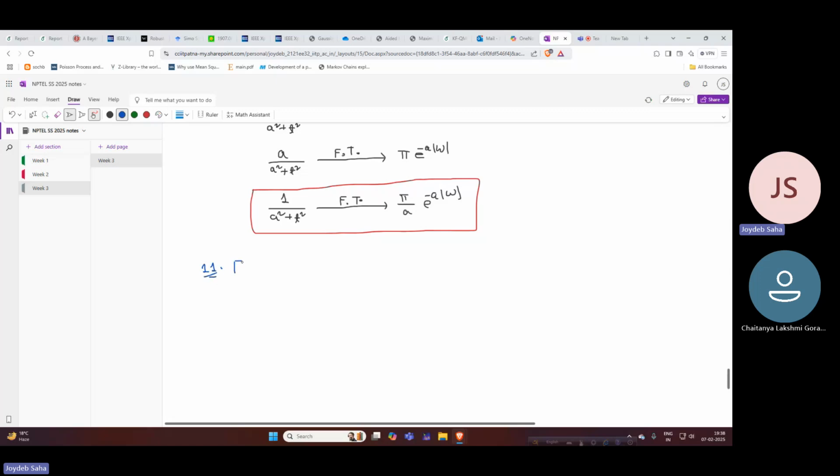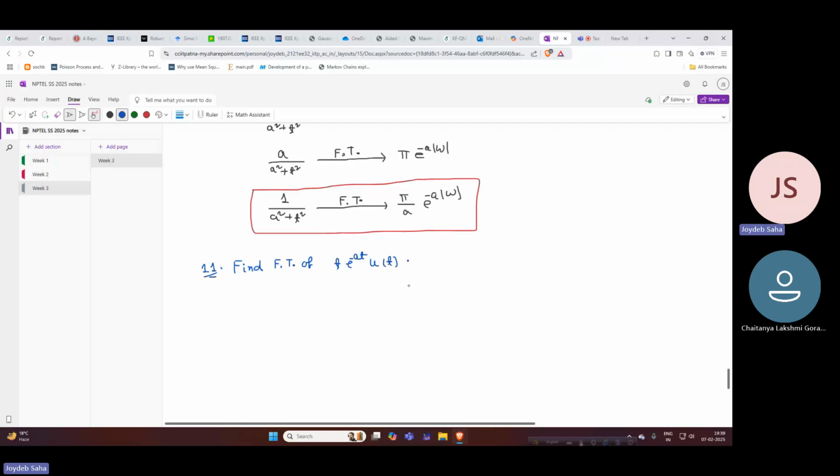Find the Fourier transform of t e to the power minus a t u of t. We know the Fourier transform of e to the power minus a t u of t, but how can we find the Fourier transform of t e to the power minus a t u of t? Very interesting question.